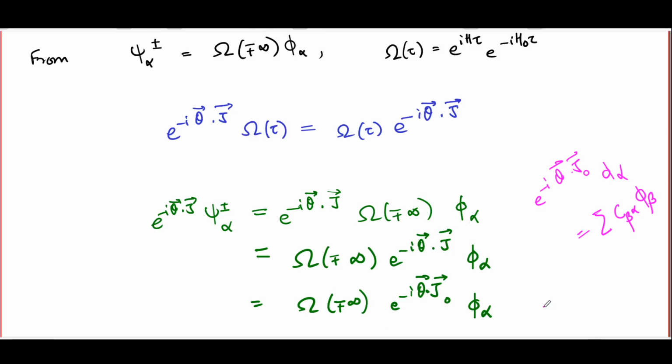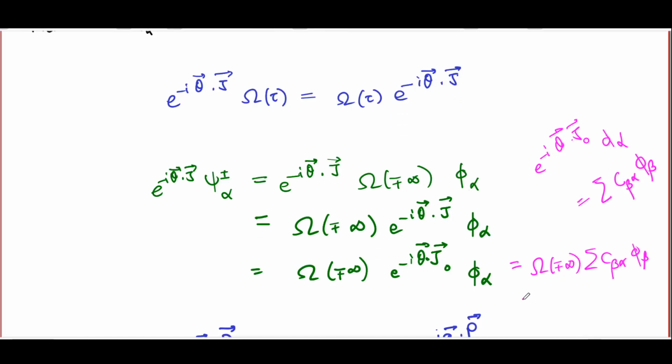But this really tells you that e to the minus i theta dot J acting on psi plus minus alpha is omega minus plus infinity acting on this linear combination C beta alpha phi beta, and therefore it will be equal to the sum over all beta of C beta alpha omega minus plus infinity acting on phi beta, that is psi beta plus minus. So under a rotation, the in and out states combine in exactly the same manner as the original free particle states do.